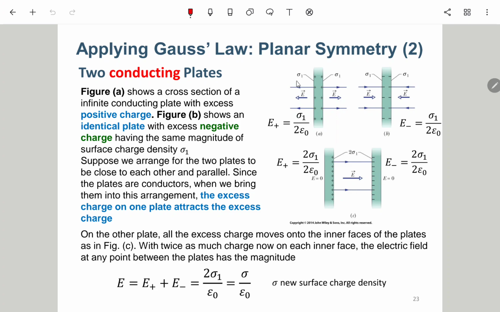Here we try to apply Gauss law for the planar symmetry again, and here we have two conducting plates. This structure is quite important. What we learn in chapter 25 will be the capacitor, one of the main linear circuit components.